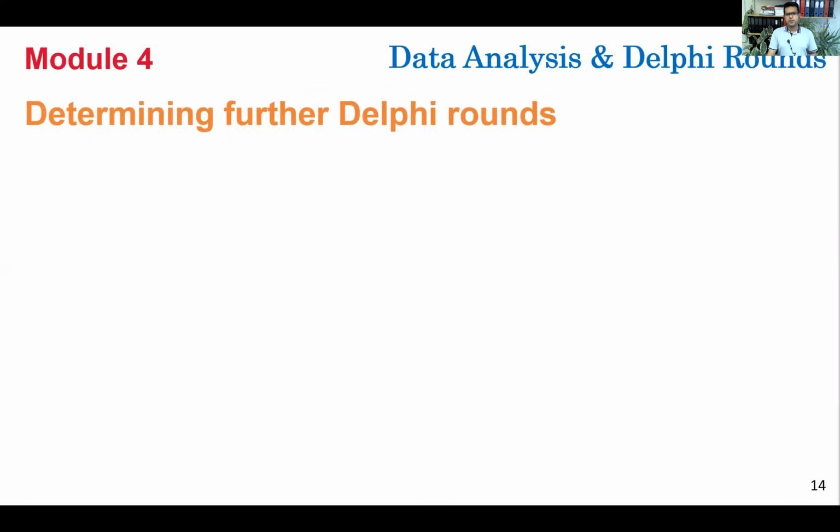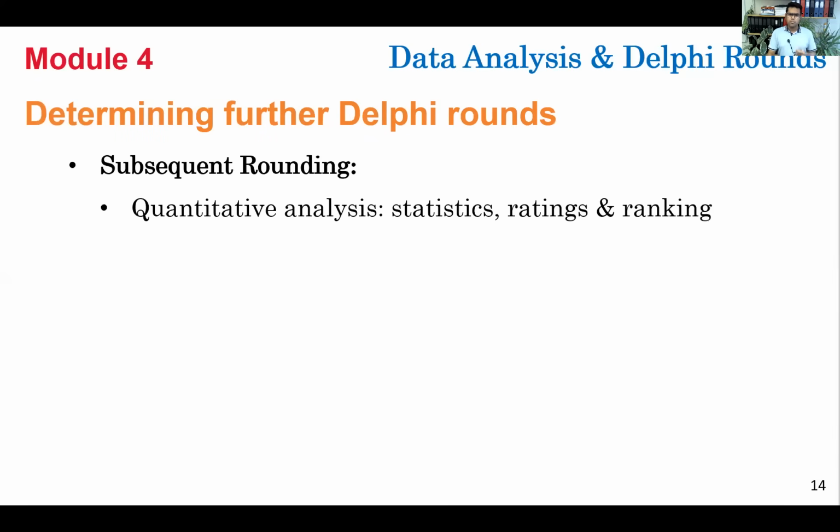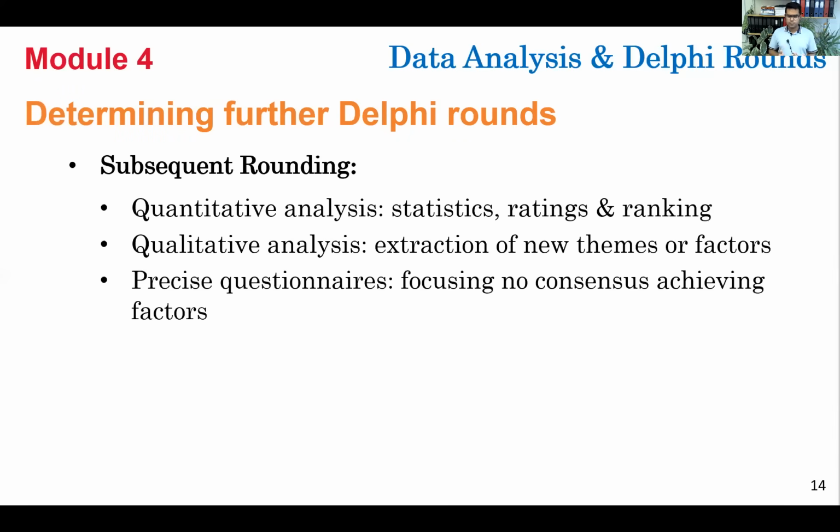So, determining further Delphi rounds. First, subsequent rounding. Both quantitative analysis, for example distribution statistics, rating and ranking, and qualitative analysis, for example identifying new themes or factors, are performed on the returned questionnaires to prepare a feedback report for the panel.